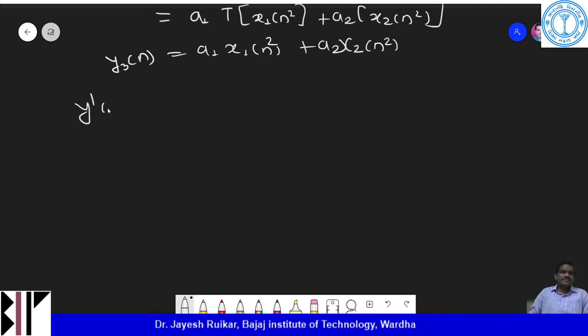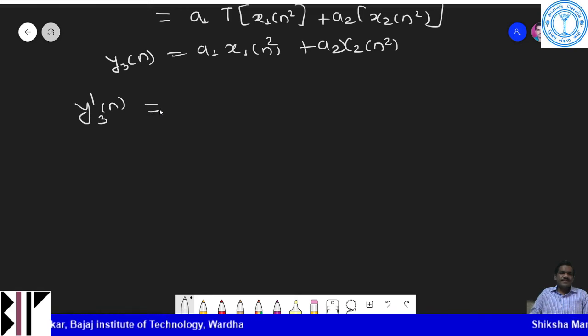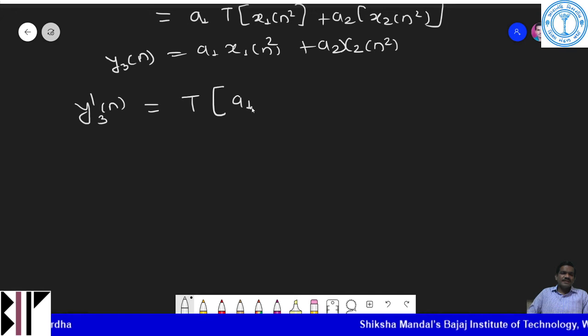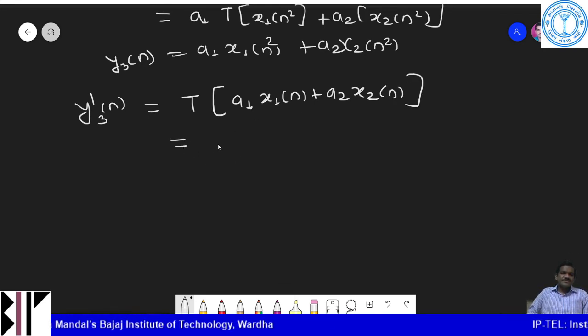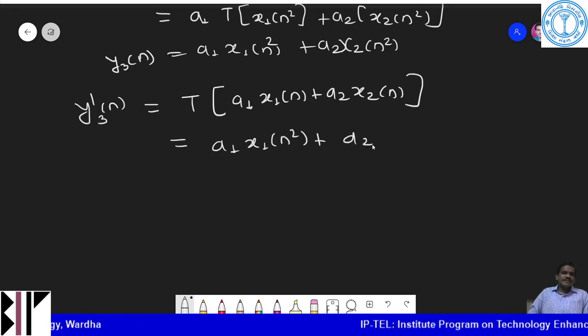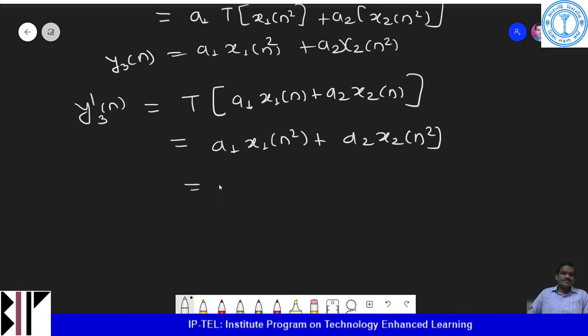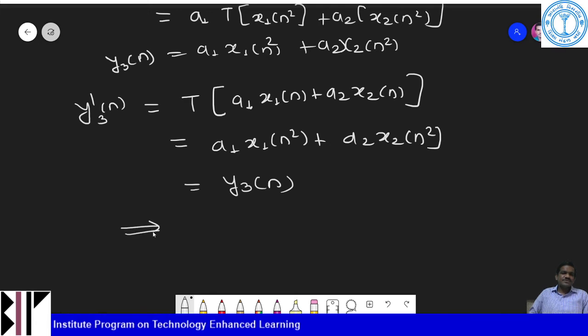Now what is y3 dash of n? y3 dash of n is nothing but the transformation on a1 x1 n plus a2 x2 n. So combined, which is nothing but a1 x1 n square plus a2 x2 n square, and which is equals to y3 of n.